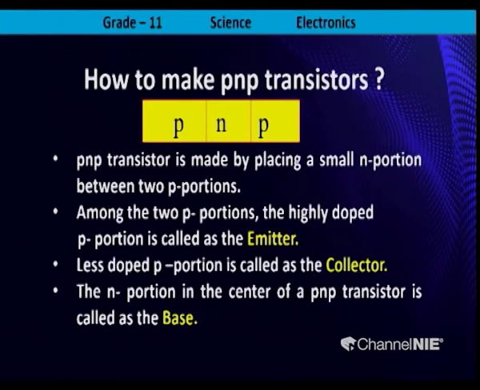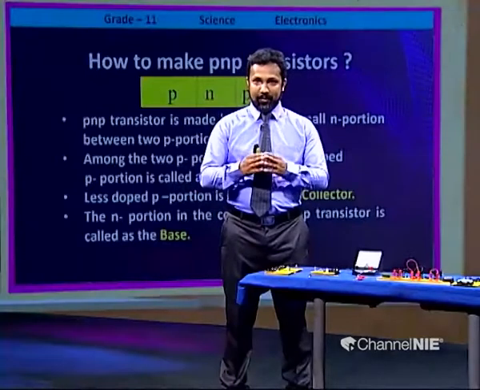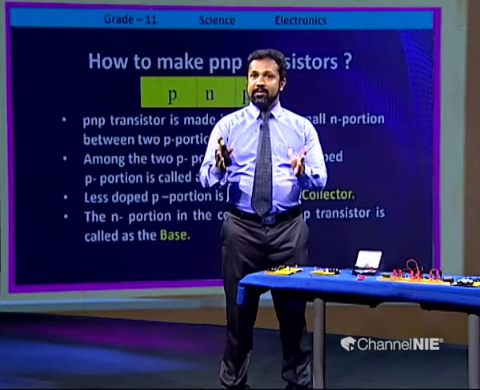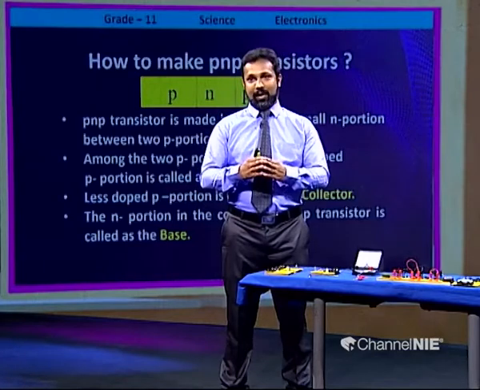Then the n portion in the center of the Pnp transistor is called as the base. That means you can understand, my dear children, transistor consists of three basic parts. What are they? Emitter, collector and the base.